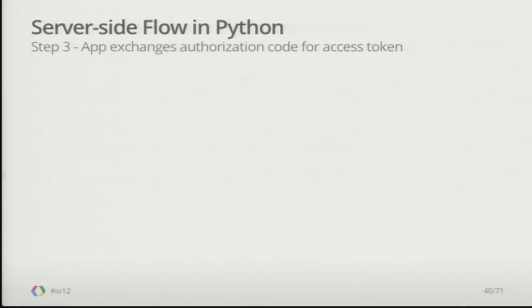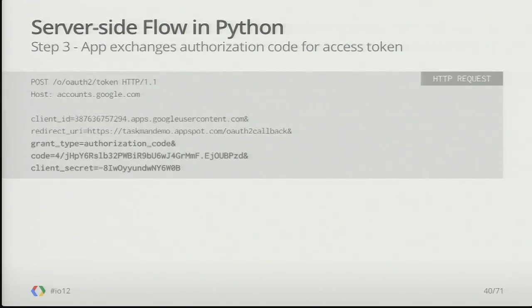But first, I want to show you the raw protocol of what's happening underneath the covers when you're using this Python code. It's basically just an HTTPS post to Google's OAuth provider, passing those 5 lines there. We have the grant type of authorization code, the code itself, and then the client secret.